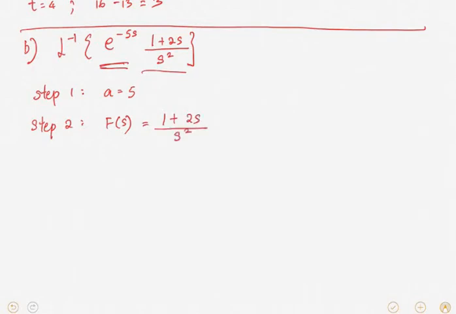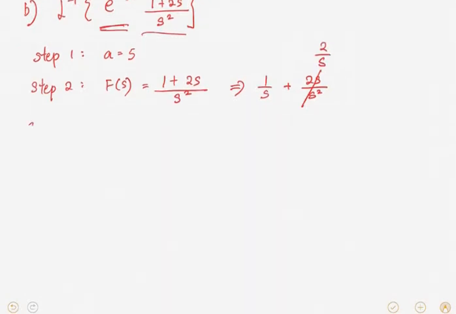This one you can split into 1 over s squared plus 2s over s squared, or you can write it as 2 over s.